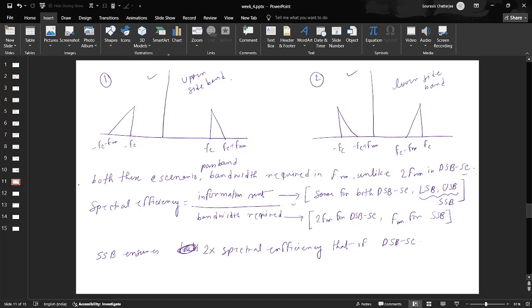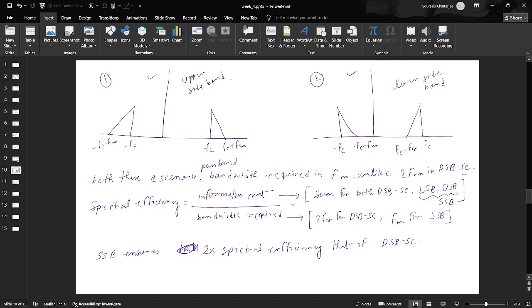Now this looks all nice and clean in math, that okay, I will not transmit DSB-SC because it's sending too much redundant information. What I will do is either upper sideband or lower sideband, both of which fall under the scope of single sideband. I will save half the bandwidth and the spectral efficiency will be doubled. So that looks nice on pen and paper.